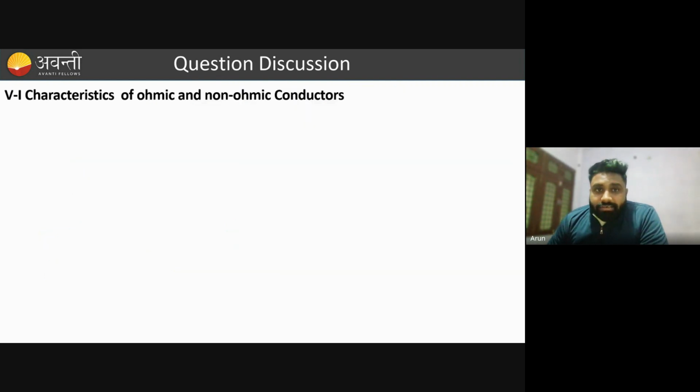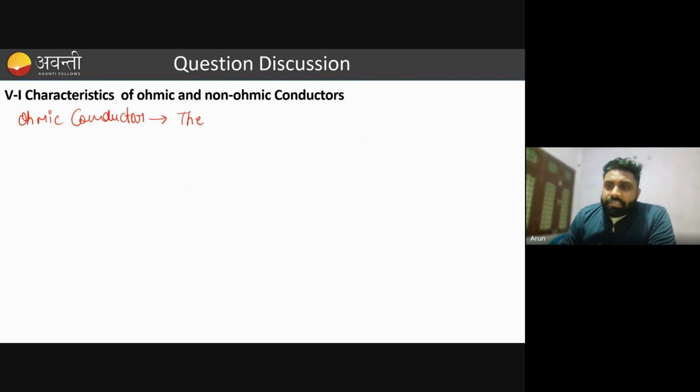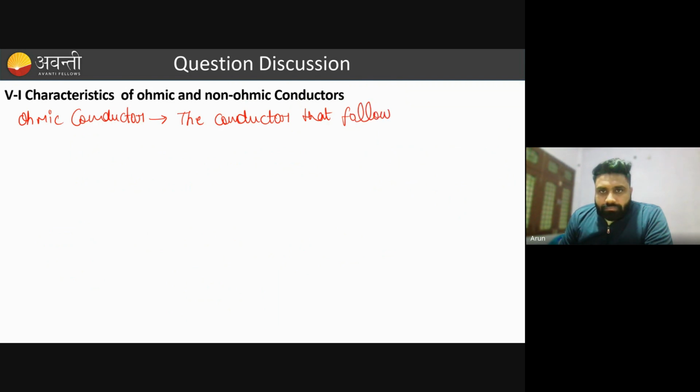Now, the VI characteristics of ohmic and non-ohmic conductors we will see first. What are ohmic conductors? The conductors that follow Ohm's law are called ohmic conductors.